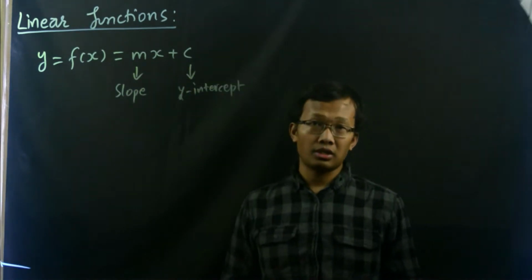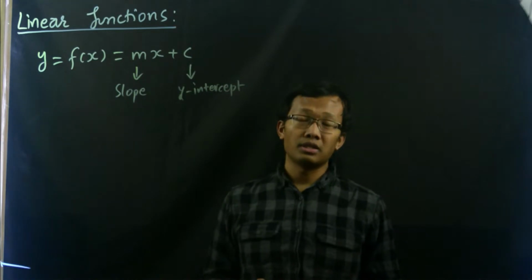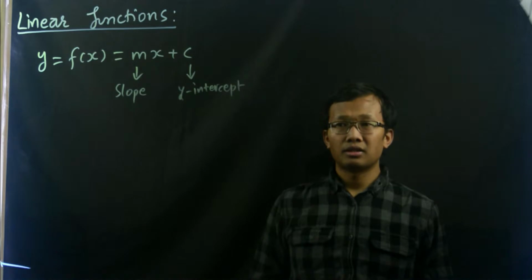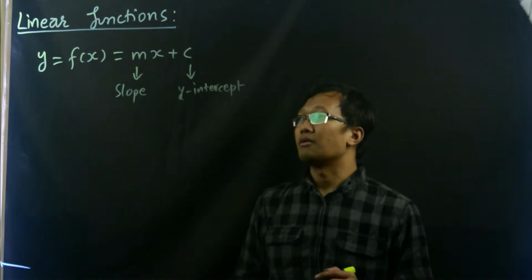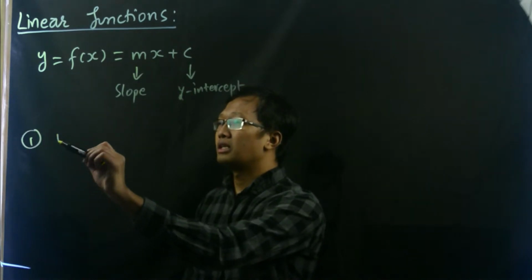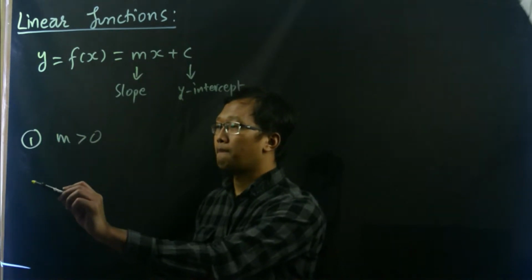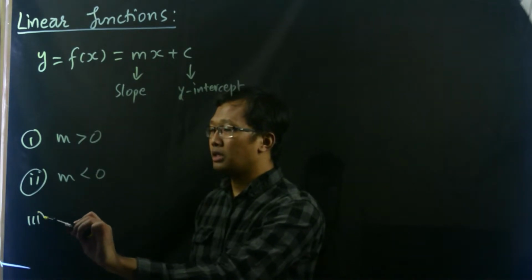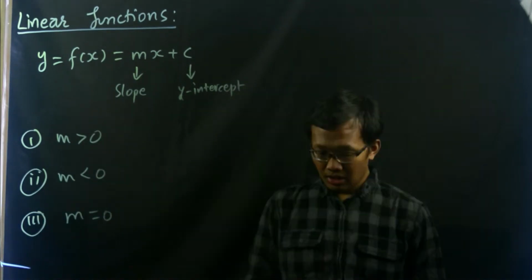Here I should stress that m, the slope, is the rate of change. It gives us the inclination of the straight line about the x-axis. Now this slope, being a real number, can be greater than 0, or less than 0, or it can be equal to 0.